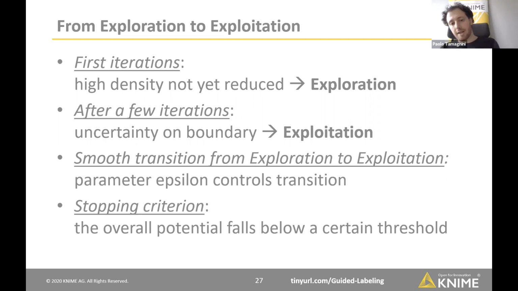But of course, what is this threshold? It will really depend on the use case, so it can be tricky to define the threshold. Another thing that you could do is simply stop whenever the user is tired of labeling, or ask the user to check whether the model performance is high enough or not.